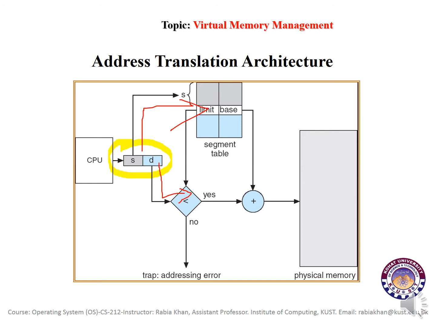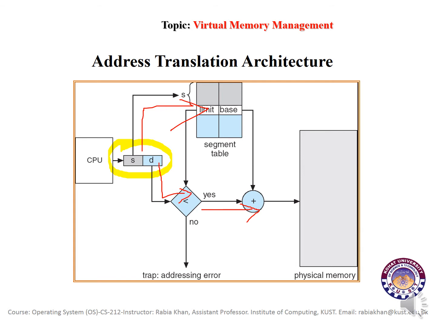If it is part of this particular segment, the offset then gets added with the starting physical address of this segment in order to obtain the actual physical address of the instruction in main memory.